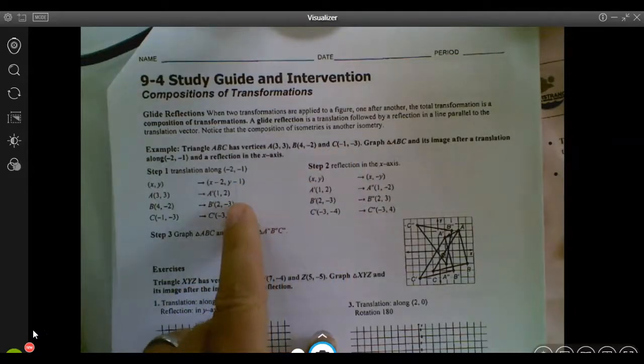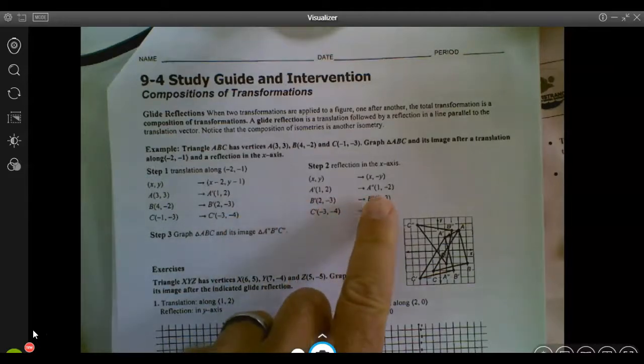These have been translated according to that rule, and this is where they're at now. Then from here, we take these numbers and change the sign of their y-coordinates so that they can be reflected across the x-axis. If we do that, this is where we would end up.